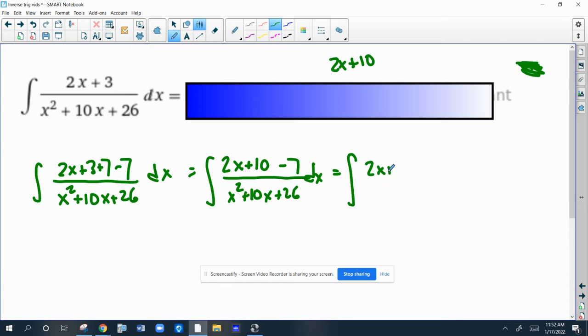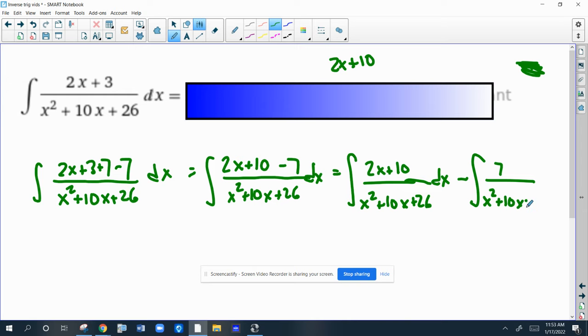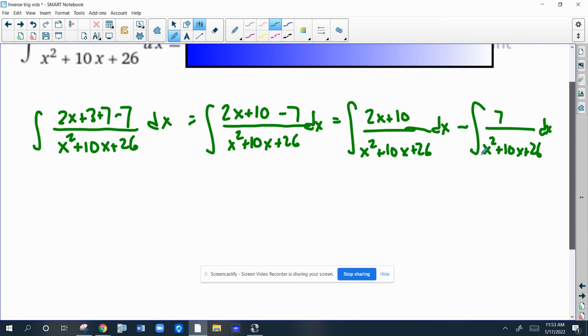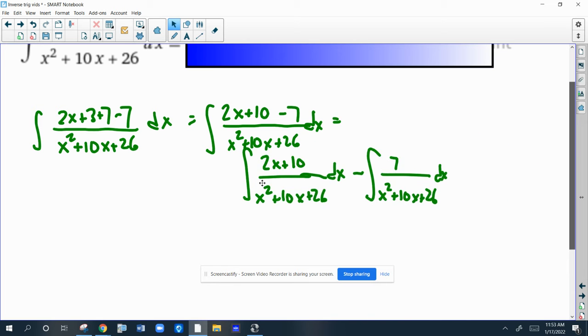So here's the first part of the split up, and this is the u prime over u part I need, and then minus the integral of 7 over this, which is hopefully the arctan function that I need. As long as completing the square on the bottom becomes u squared plus a squared, that will be a pretty easy arctan. So that's what we're going to focus on right now.